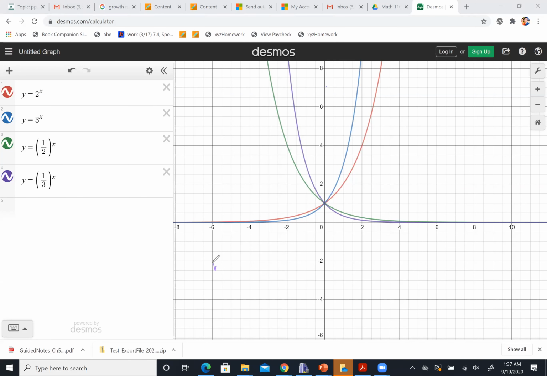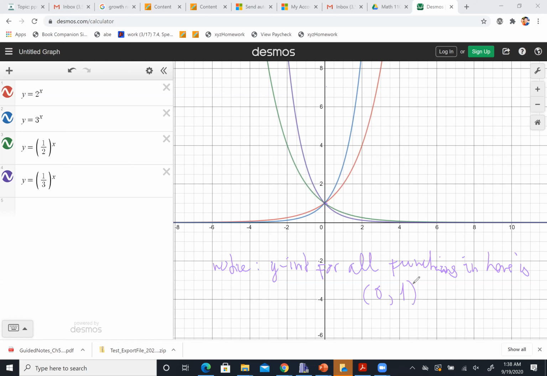You can say, notice, firstly, the y-intercept for all functions in here is (0, 1), right?